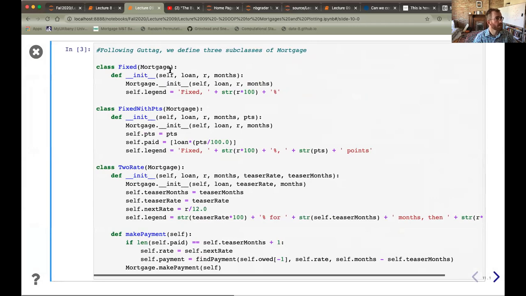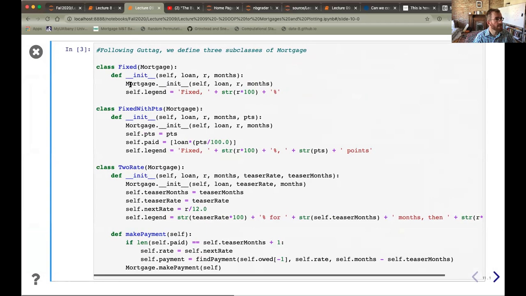We've got our fixed type of mortgage, we have a fixed with points, and then we have a 2-rate mortgage. And this is one where you start off with some teaser rate, and then as time goes on, it switches and jacks up to a higher rate. And so these are all done by modifying how we deal with the self.legend.